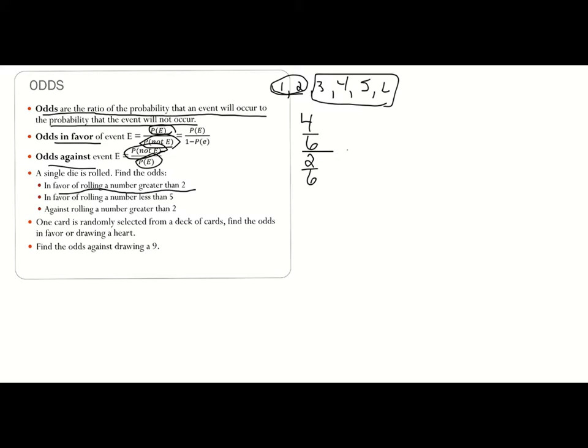This is a compound fraction, so really we have 4 over 6 divided by 2 over 6. And then remember, we don't really divide fractions; we multiply by the reciprocal. So we'll do 4 over 6 times, and then we flip the second fraction, so we make it 6 over 2. And remember, you can cross simplify, so my 6's equal 1.